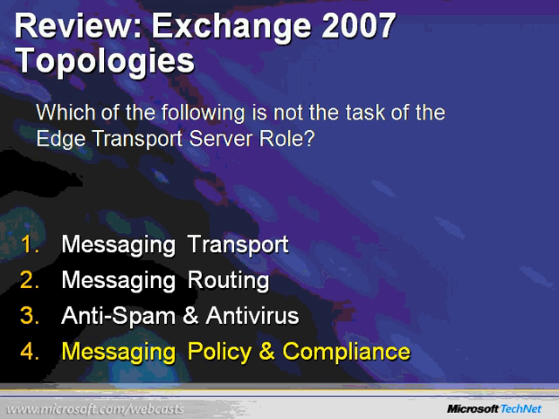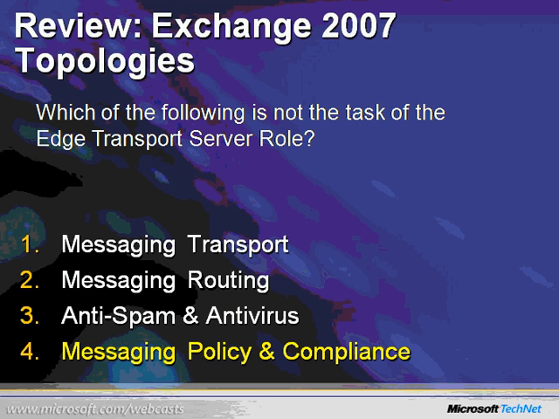When you look at the Edge Transport Server, it's going to be very similar to the Hub Transport. However, it is sitting in the DMZ. It is not connected to your AD infrastructure, and it will do things such as transporting messages, routing them to the appropriate hub transport, because the Edge will communicate only to the hub transport internally.